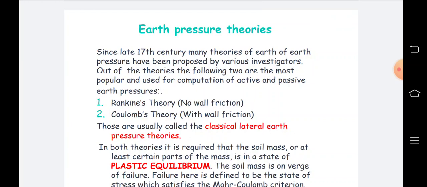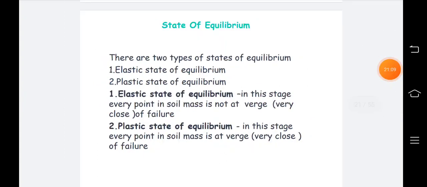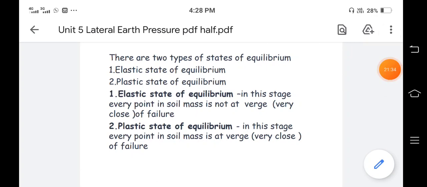That is called plastic equilibrium. Elastic equilibrium means that in this state, not every point in a soil mass is on the verge of failure. In the plastic stage, every point in the soil mass is very close to failure.